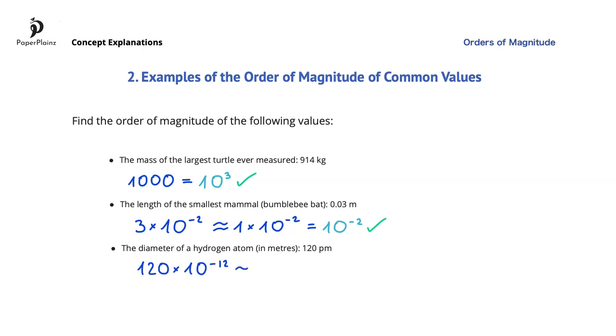Let's round 120 to the nearest power of 10, which will be 100, and we get 10 to the power of negative 12 here. 100 is 10 to the power of 2, so we can continue as 10 to the power of 2 times 10 to the power of negative 12. And combining the powers, so adding 2 and negative 12, gives us 10 to the power of negative 10 meters, which is the order of magnitude here.